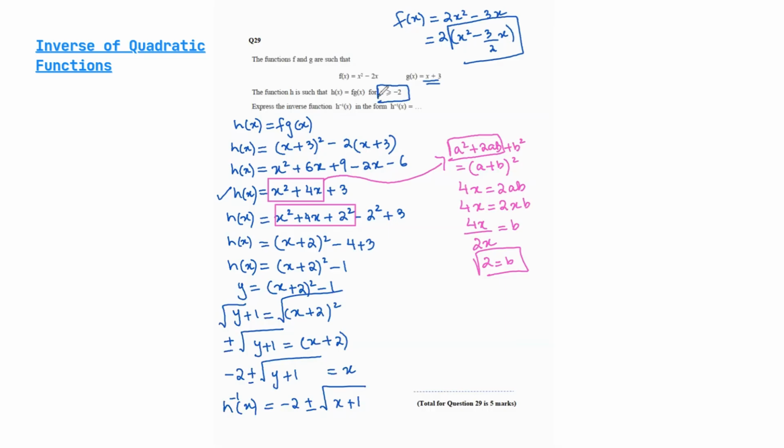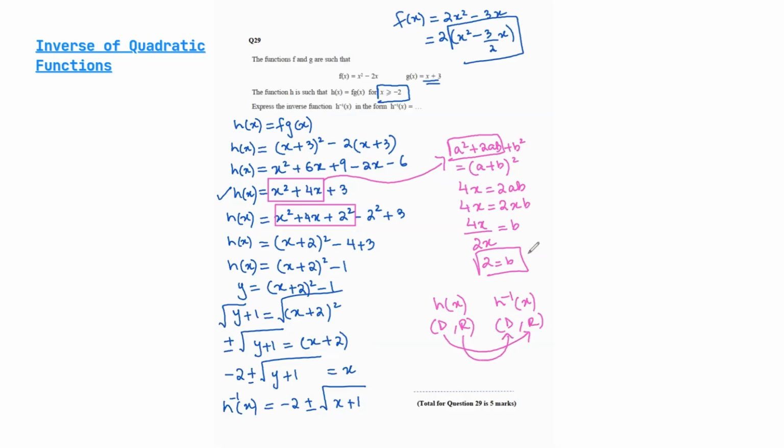Another important thing you need to know about is that if we're talking about the original function over here and the inverse function, whatever is the domain and range of the original function, that becomes the range of the inverse and domain of the inverse.